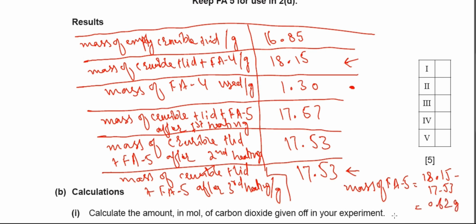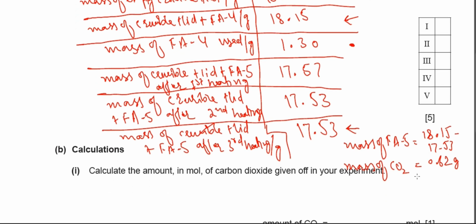grams. But please write this in the table. Okay, write these values in the table, make this table. Then finally mass loss, or even you can say mass of carbon dioxide, as this is the only thing which is released during the experiment. Now how?